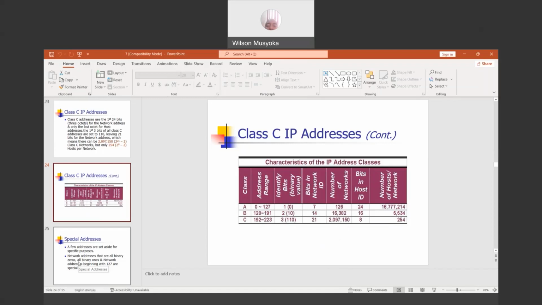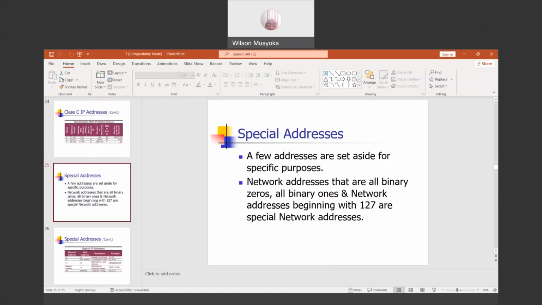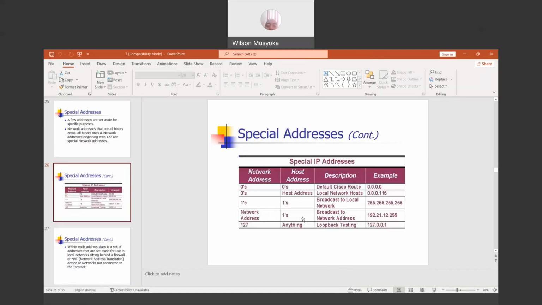Now, a few addresses have been set aside for special purposes, beginning with 127, which is what we normally call a loopback address or a test address. All zeros is going to be the default route address.